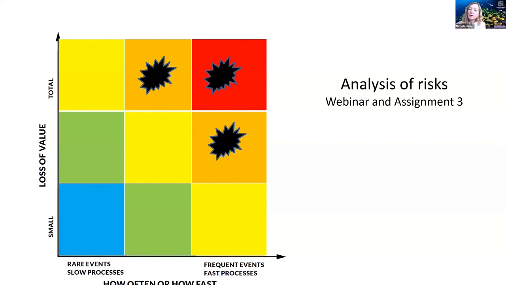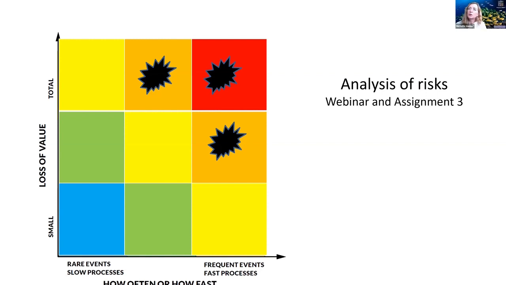They happen very often or they happen very fast. Those are severe risks. And when they happen, they have an impact on the collection that's very severe. Either specimens are lost completely or a large proportion of the collection is affected. So those red ones and the others higher up there are the catastrophic or the extreme risks.